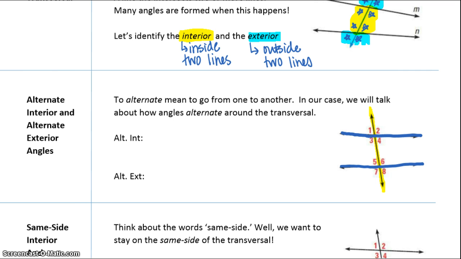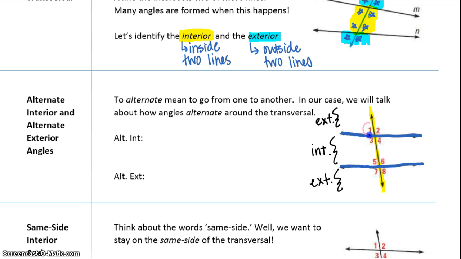Now let's remind ourselves what the interior and what the exterior is. All right, this is your interior, and then outside here is the exterior, okay? Interior, exterior. You have to know where those are. So we need to talk about alternating. Let's look at angle number 1.